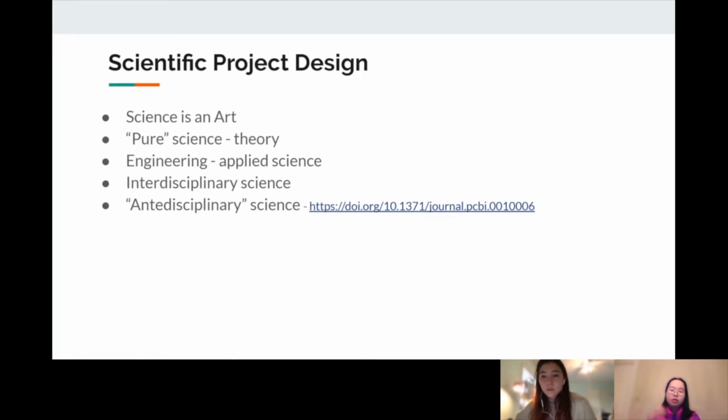And I also wanted to introduce the idea of interdisciplinary science. This idea was created more recently in the paper that's shown in that slide.